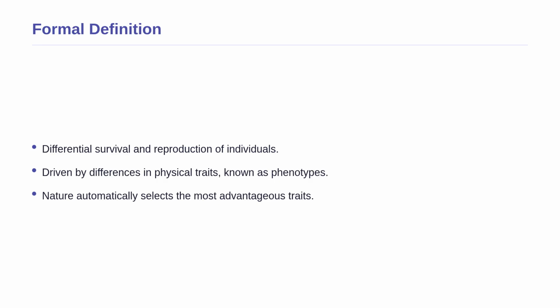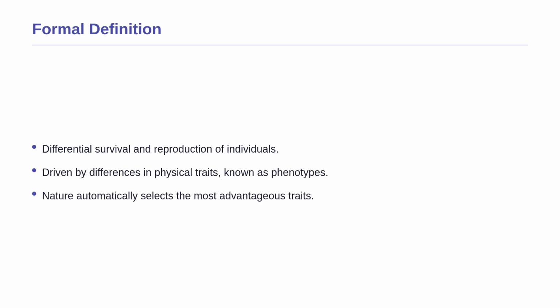Now that we understand the basic idea through the moths, let us look at how biologists formally define this process. In evolutionary biology, natural selection is defined as the differential survival and reproduction of individuals due to differences in their physical traits, which we call phenotypes.